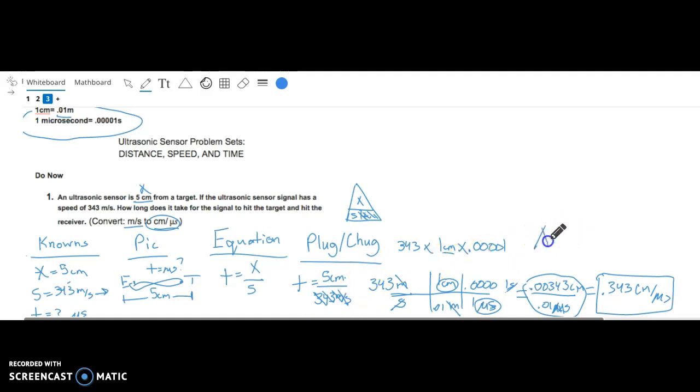So for our answer, it's going to be T equals 5 centimeters over 0.343 centimeters per microsecond.